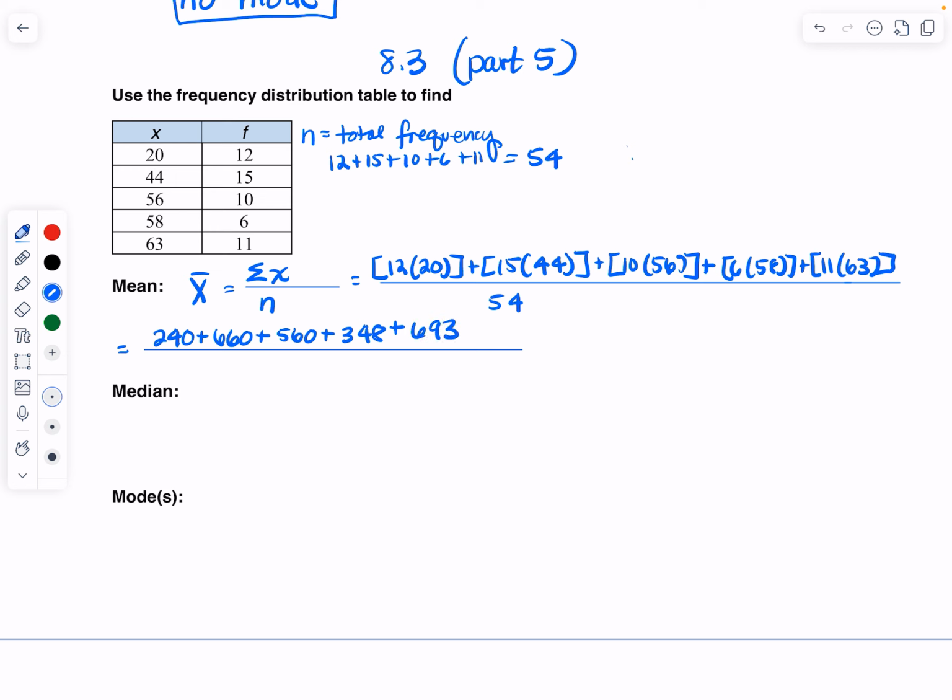I'm just going to double check really quickly through the calculator to make sure I typed in things correctly. Okay, looks good. So now I'm going to add these up. I'm going to take 240 plus 660 plus 560 plus 348 plus 693, and when I do that, I get 2501. Now I'm going to divide that by 54.